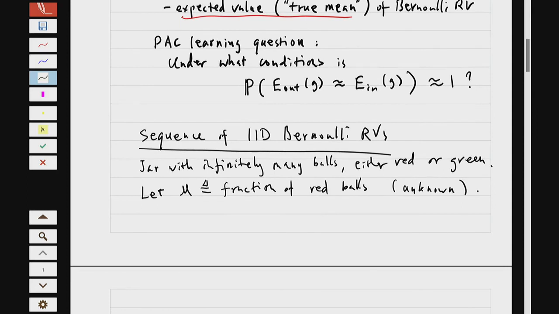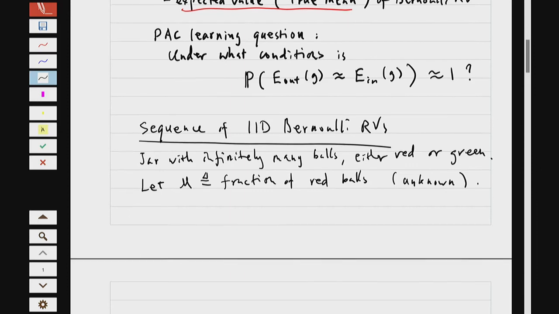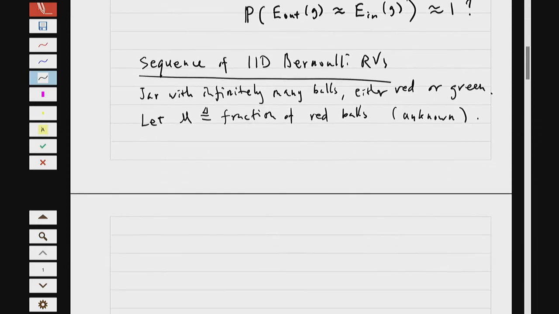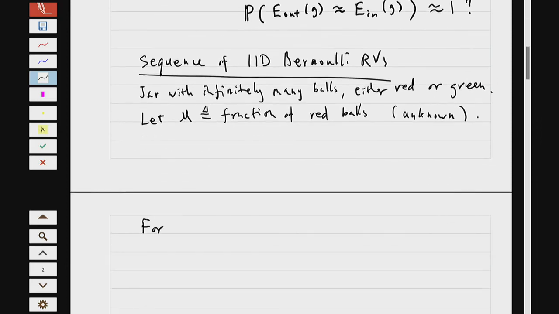So how do we estimate this mu? That's the question. As we discussed last time, you try to take some samples out of this jar and observe the fraction of red balls. When you take samples, we can draw them one by one. For any random draw of a ball, we can define a Bernoulli random variable.